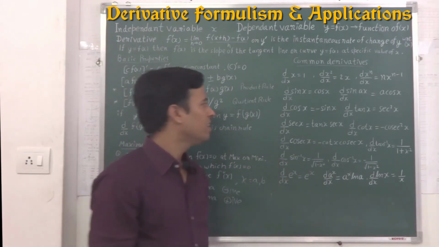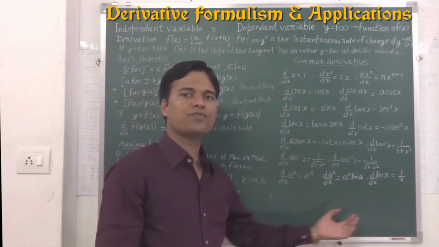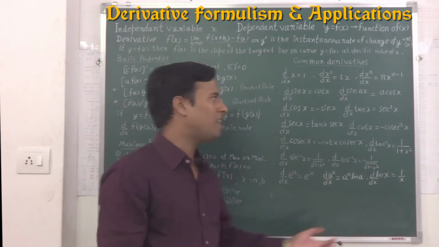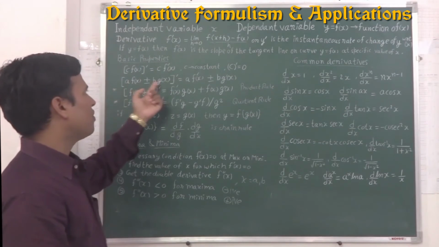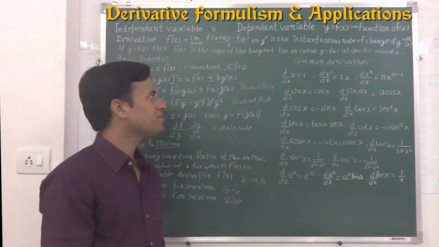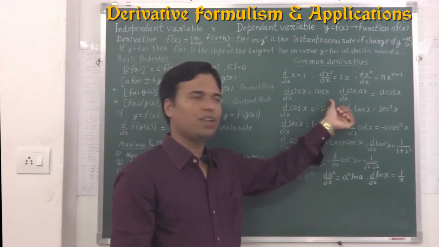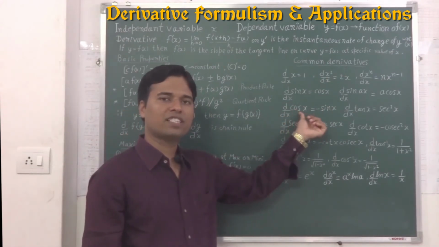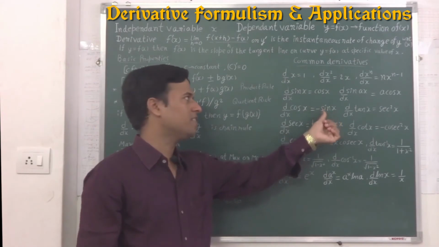Dear students, if we use the series of the sine function and get its derivative term by term, using the method for addition or subtraction of two different functions, we will get the first derivative of sin x is equal to cos x, but the first derivative of cos x is sin x with the negative sign.